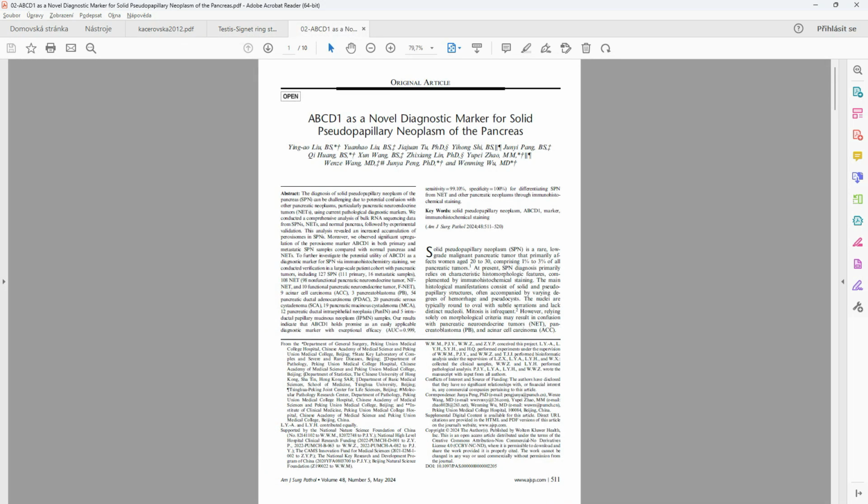What is very important is that all these tumors are immunohistochemically positive for this very novel antibody ABCD1. Yeah, it was introduced to pathology just in the May issue of American Journal of Surgical Pathology, so we tried this ABCD1 antibody on all of these tumors, and all without exception are positive.